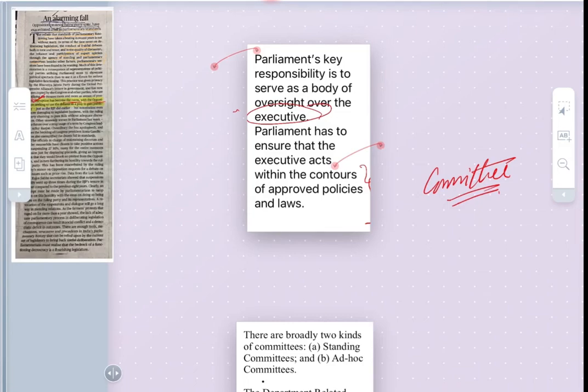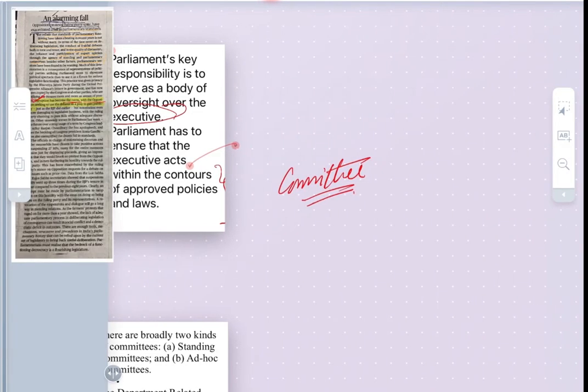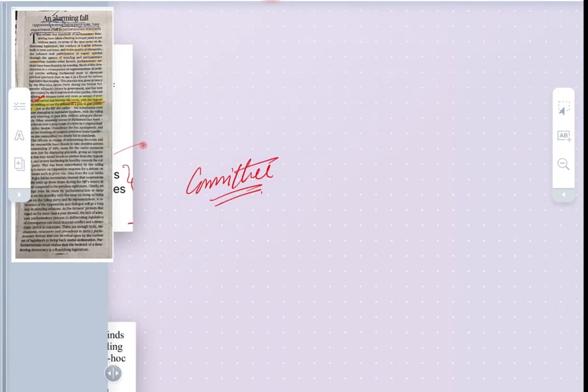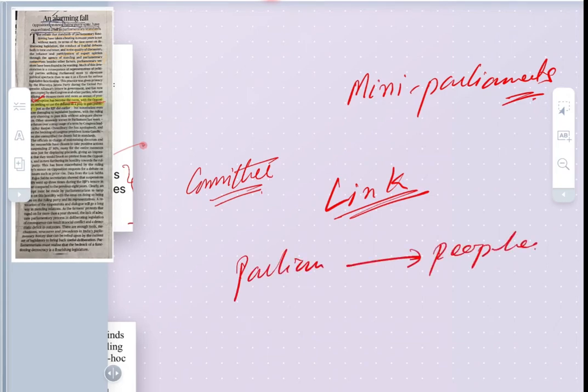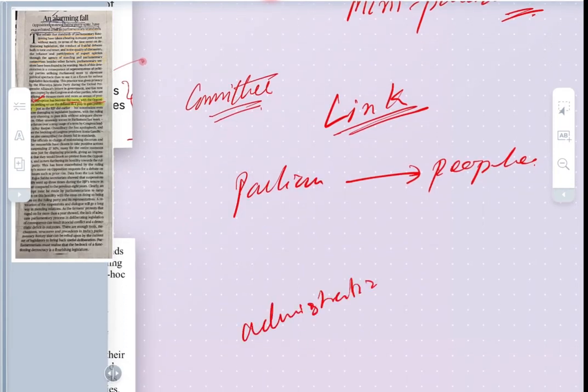Parliamentary committees, in another way, are mini Parliaments, helping Parliament to scrutinize legislative and executive action. We can say that they act as a link between Parliament and people on one hand, and between administration and Parliament on the other hand.